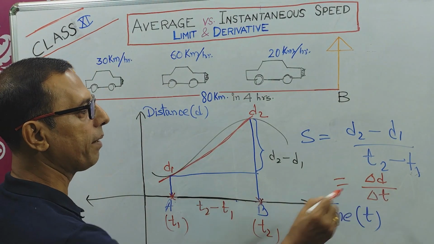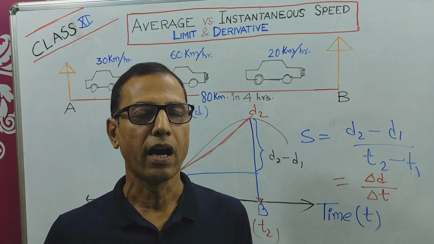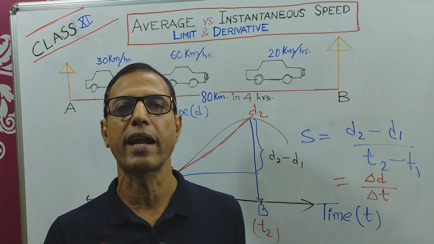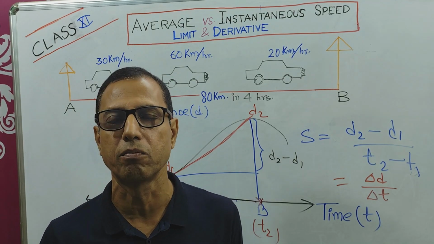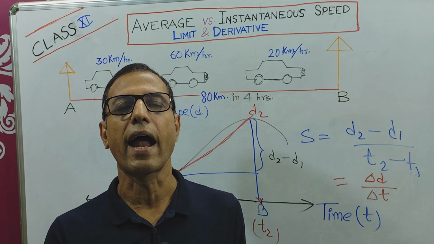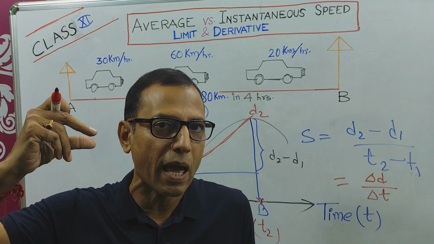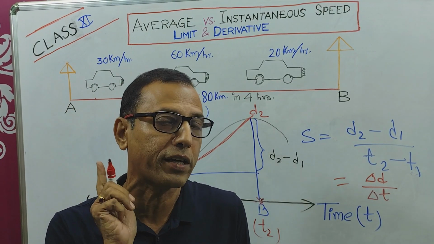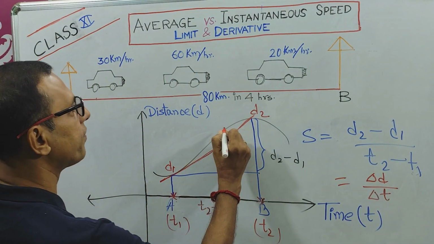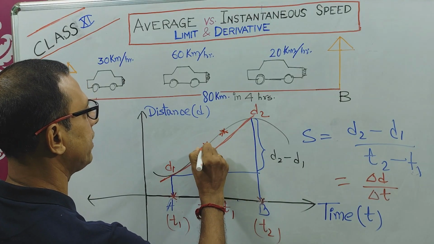That is the average speed. So what is the concept of limit? I already explained that the value of a function at a given point is not the limit. Limit is the value of a function in the neighborhood of a given point. The value approaches that point but is not exactly at that point. That is the concept of limit. Now when you reduce this, let's say you are taking this point here, or this point here.